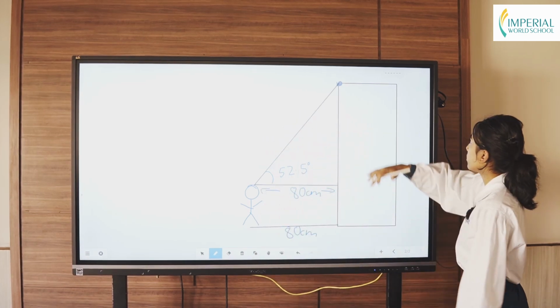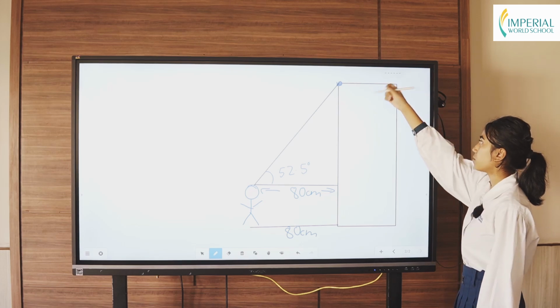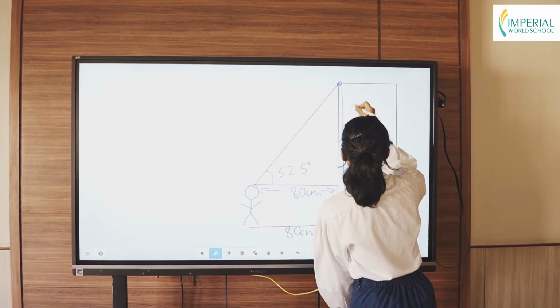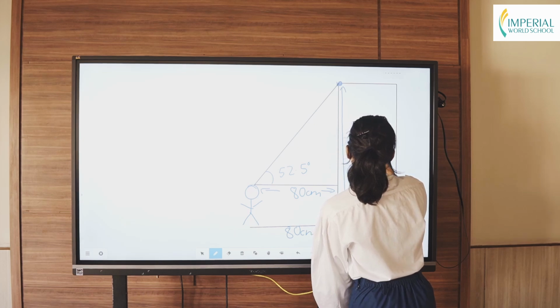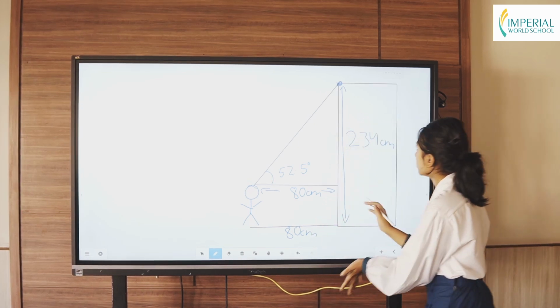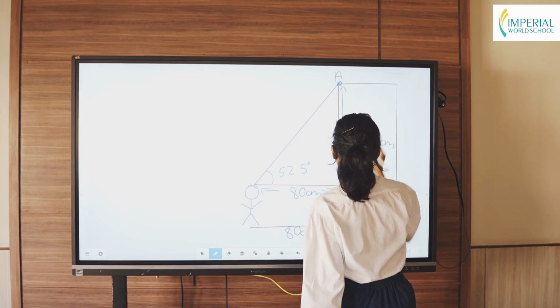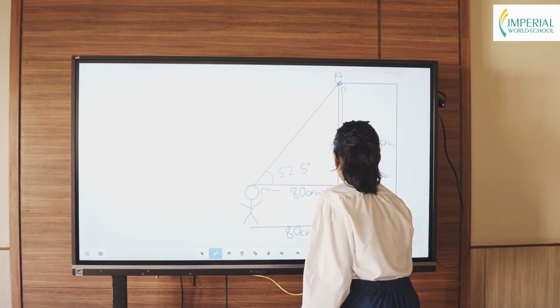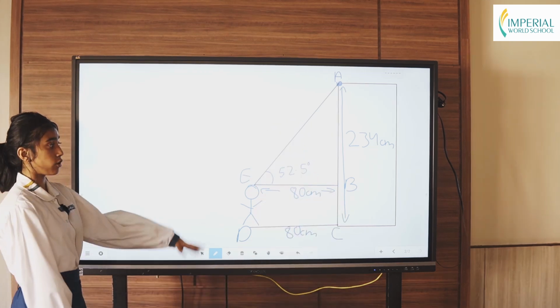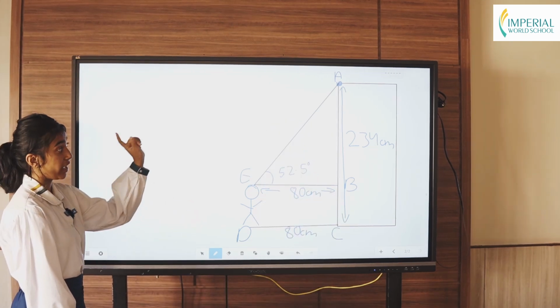Now, we also know that the height from the ink mark to the ground level is 234 centimeters. With all this information, let's mark these. This can be known as A, this can be known as B, C, D, and then E. So now that we have all this information, I need to find AB.